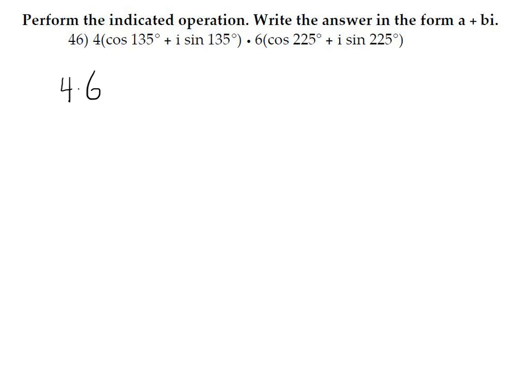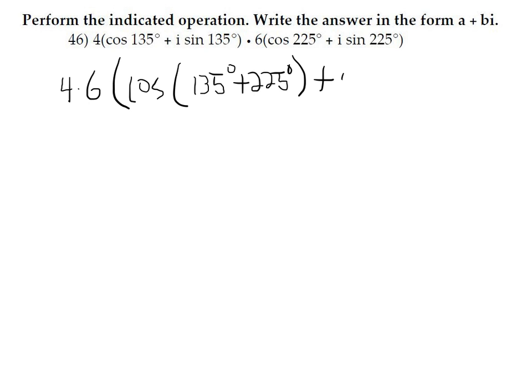and then you take the angles, 135, and you add those to the 225, and then plus i sine, and this, again the same sum, 135 degrees plus 225 degrees. So this is how you do multiplication in trigonometric form.